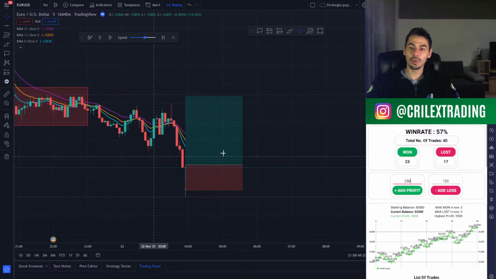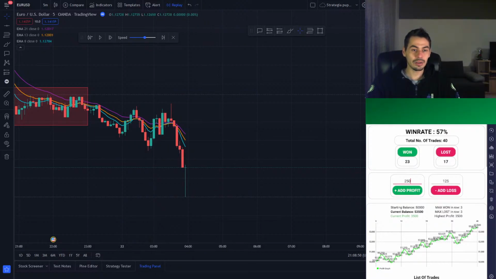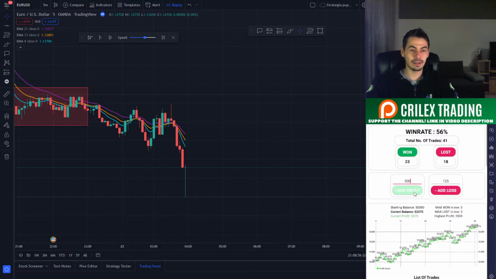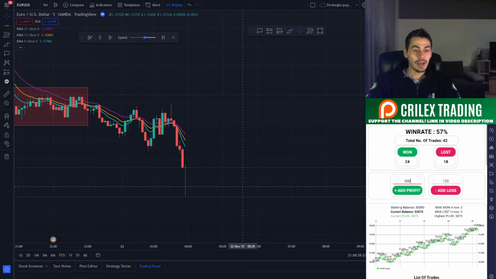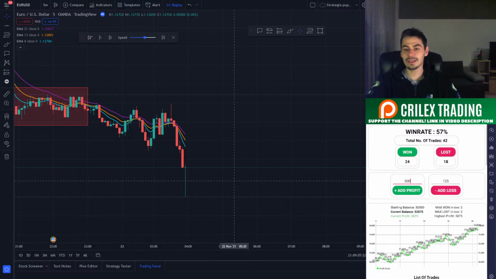And it goes for a full win. The hedging loses again, so we have a $500 profit, and I added the loss from the hedge. And so far we are actually up close to 8%. We are up 7.75% if I'm not mistaken.